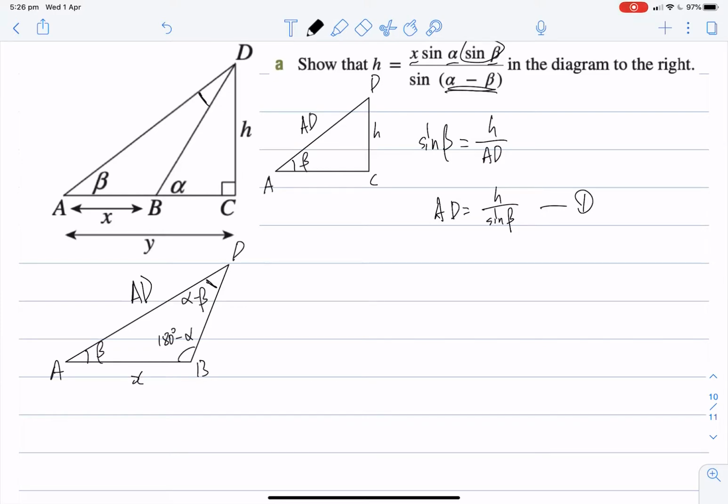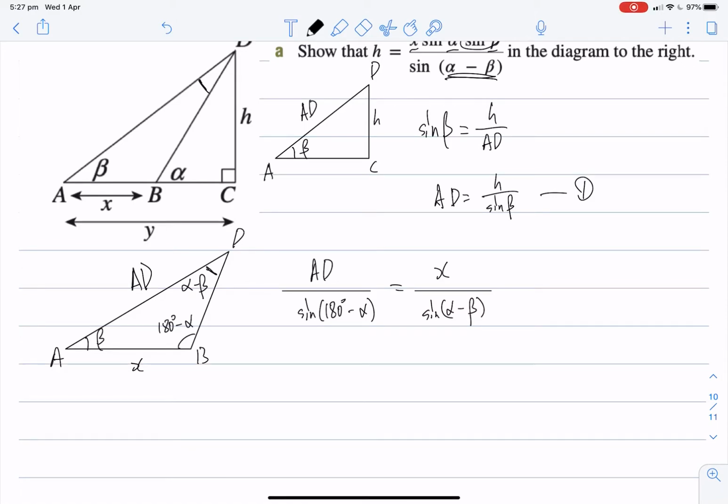We used sine on top on the first one, so may as well do sine on top. Let's do AD first. For AD, the angle opposite is 180 degrees minus alpha. For x, the x is on top, and the angle opposite is alpha minus beta. Cool.